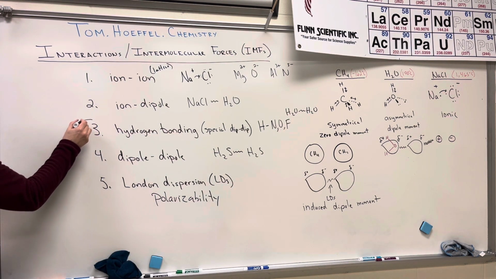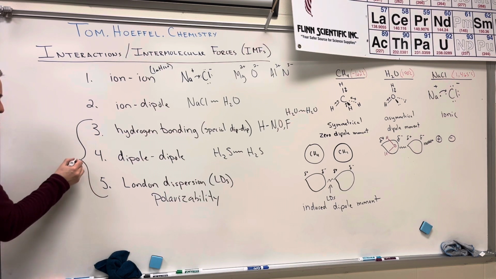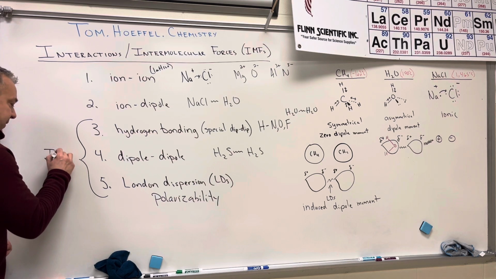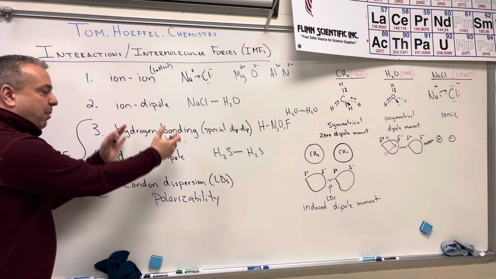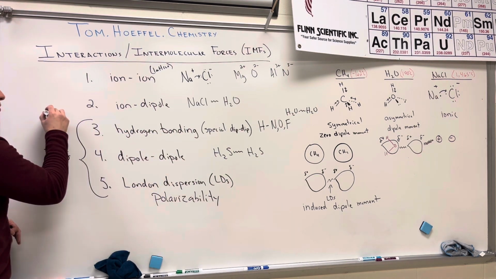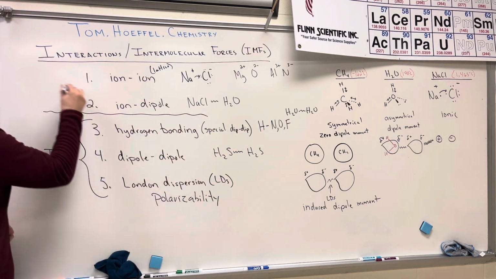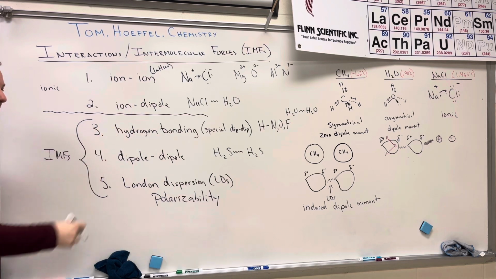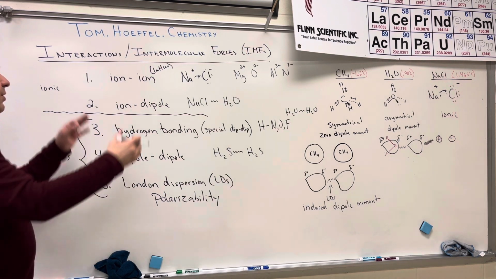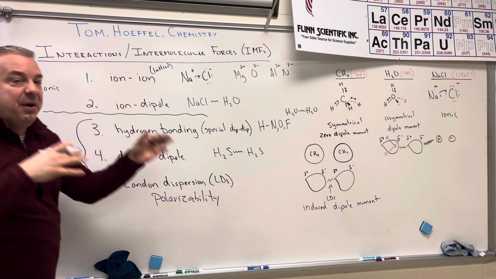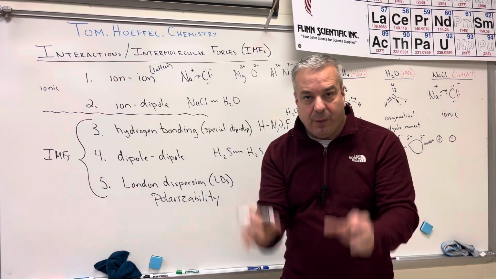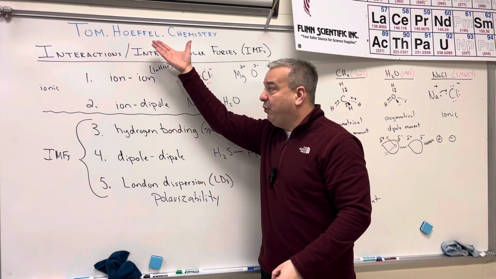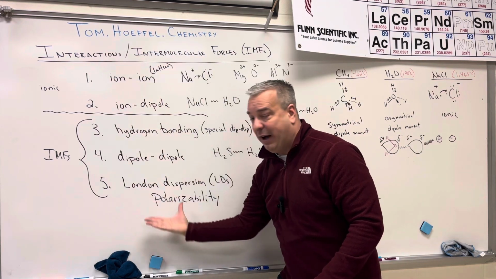Technically speaking, we should really only consider these as IMFs because they're all molecular. As soon as you cross this line right here, these things are going to be ionic because you can see both of them have ions in them, and therefore we should really call them interactions. But this idea that there's a force that exists between one molecule and another, the word interaction talks about all five of these.